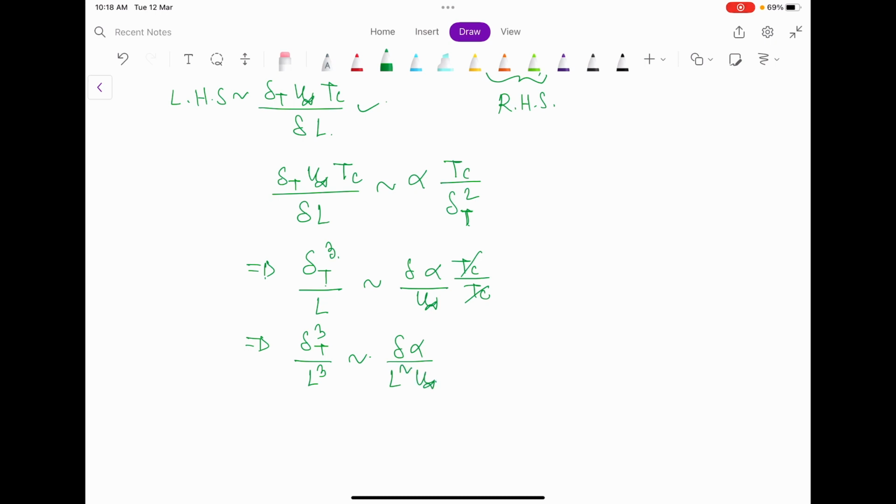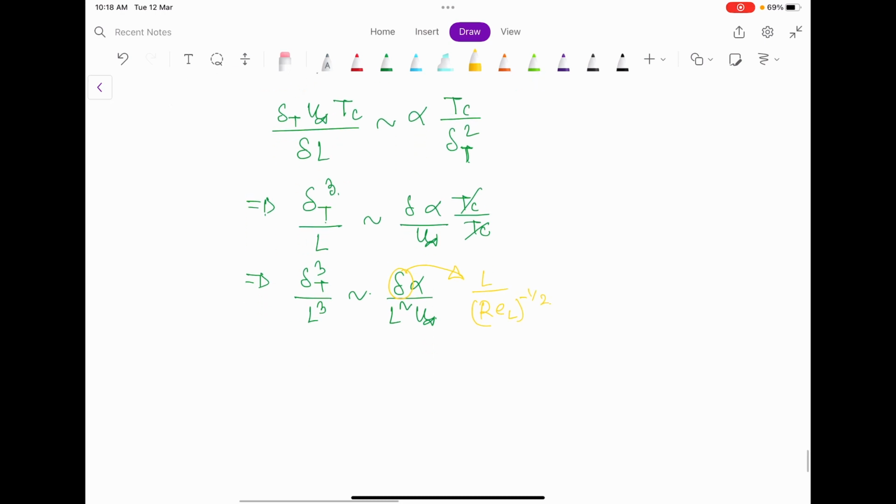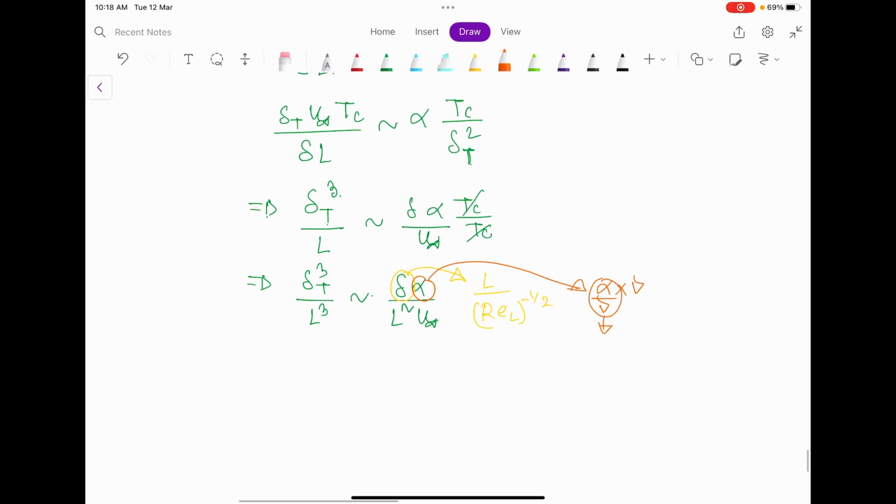Now this we can modify. We know the scale of this delta, that is L by Re_L whole to the power minus half, that we have done previously. And we also now write this alpha as alpha by nu into nu, so this is my 1 by Prandtl number.